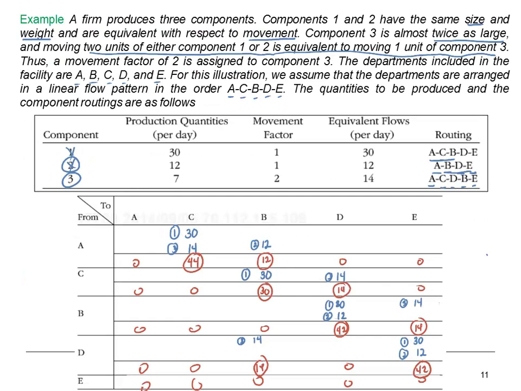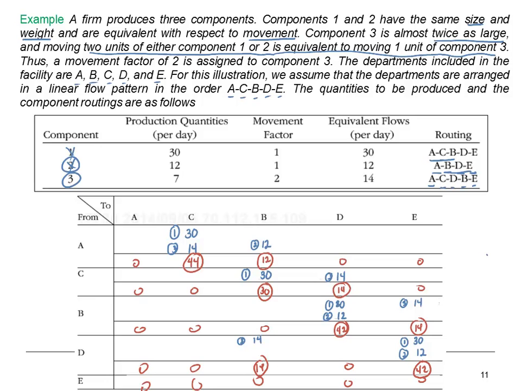And we covered this example. We talk about how to compute these weights when you have production quantities and you have a factor. That means that the objects that you're going to be moving have different weights in terms of the number of units that you're going to be moving and so on.